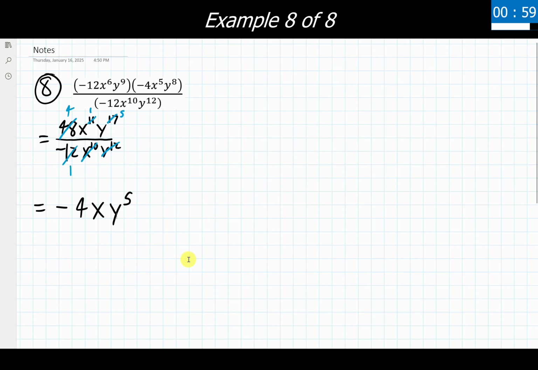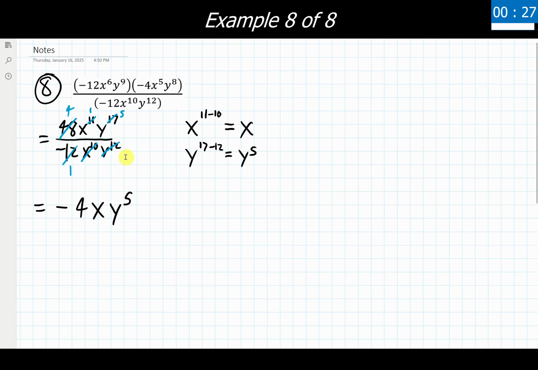Now you could, off to the side over here, do each of the exponent or the quotient properties on their own. Maybe you did x to the 11 minus 10 gives me x, and then y to the 17 minus 12 gives me y to the 5th. Maybe you had to do this step off to the side for yourself. And if you have to, there's nothing wrong with that. Do that as much as you need to, as long as we bring it all together here for our final answer.